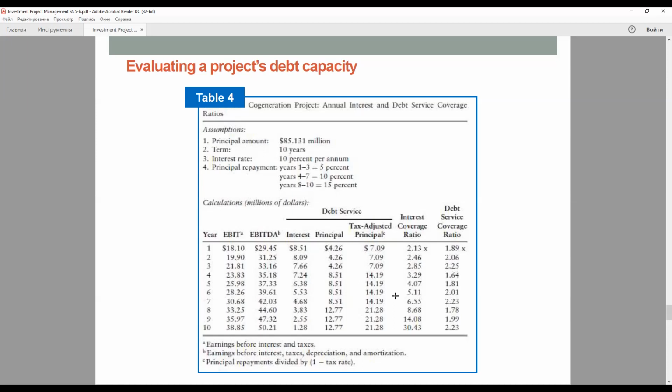The expectation is that it will be refunded with fixed rate debt following completion. But if interest rates rise during the construction period, the fixed rate long-term debt will prove to be more expensive than anticipated. A number of strategies are available for handling these risks.